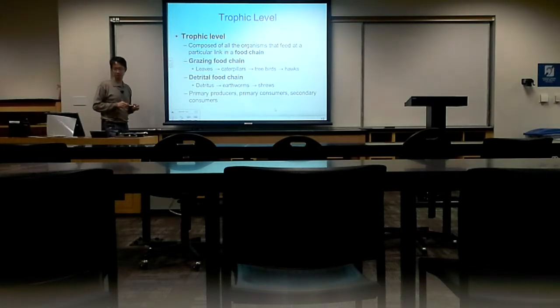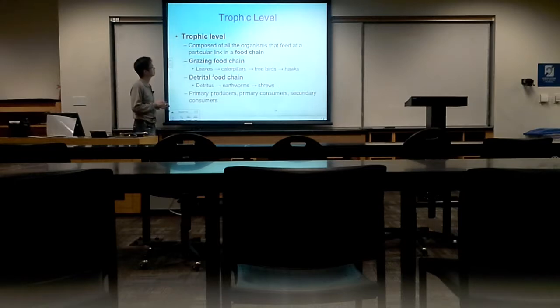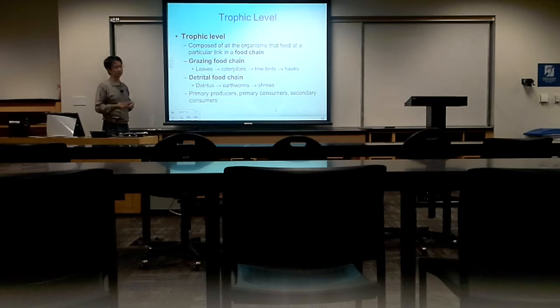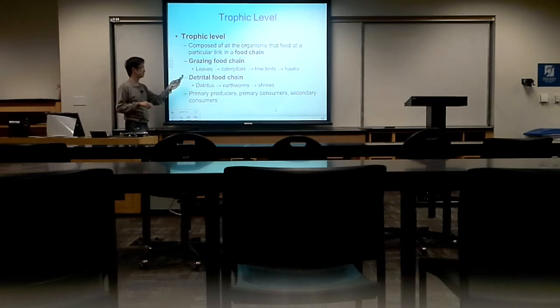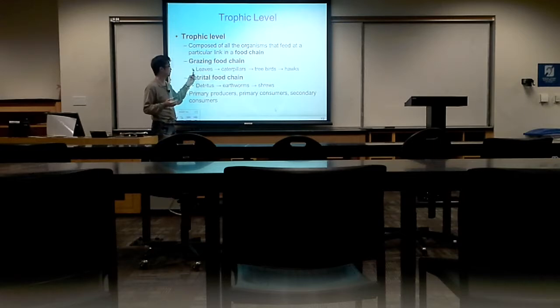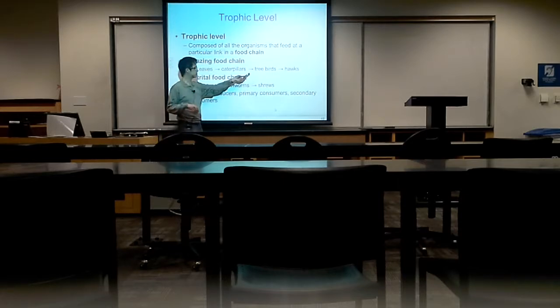Trophic level. So now they talk about food chain. They talk about food web first, and then they talk about food chain. For the grazing food chain, you can start with the leaves, which is the producer, then the caterpillar, which is the herbivore, or we can call it primary consumer. And then tree birds that eat caterpillars. A tree bird is actually an omnivore.